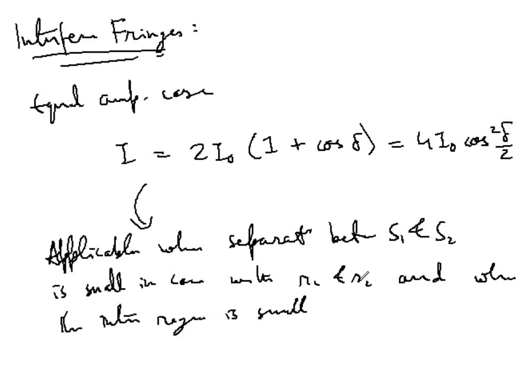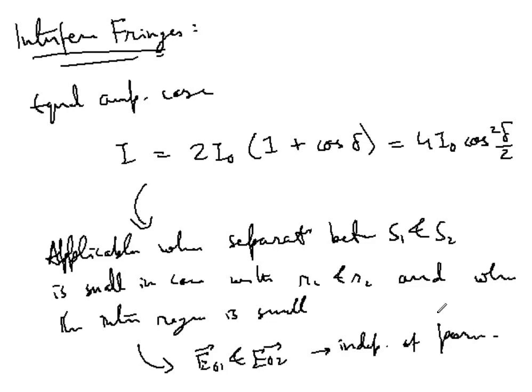This is important. Under these circumstances, we will consider E01 and E02 to be independent of position, that means they are constant over the region examined.